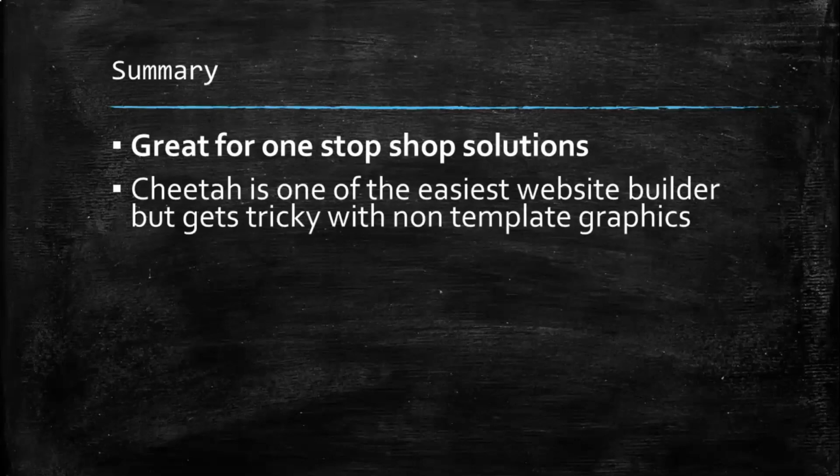Cheetah, which is the website builder, I do believe is one of the easiest ones you can find. However, if you decide to go the route of using your own graphics, using your own banners, it can get a little tricky to make it look professional on the website itself. That's my experience. Granted, it could be down to my lack of skills, that I don't understand how to use it properly.